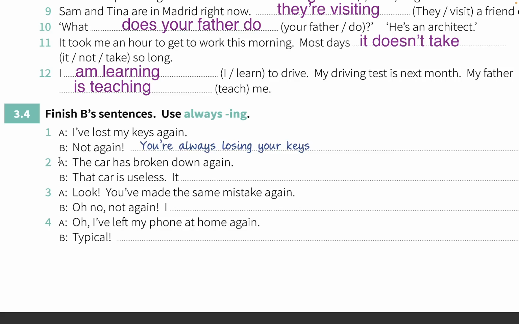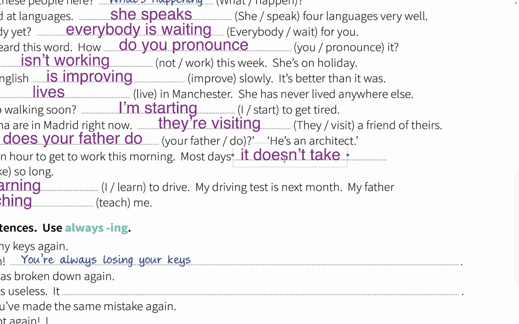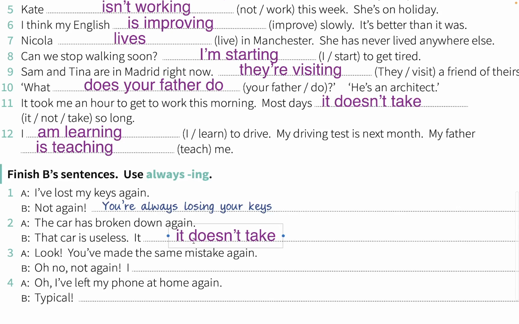And B answered, not again, you're always losing your keys. Number 2, the car has broken down again.